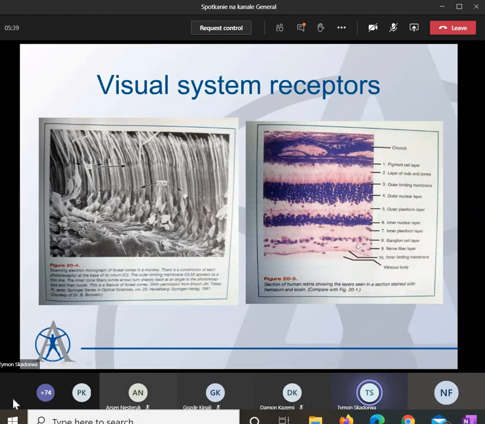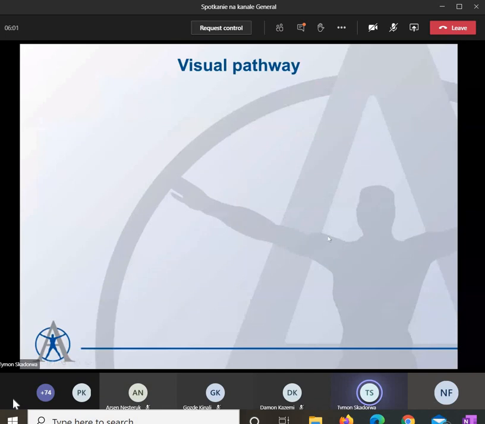We are not histologists, so we do not require from you the knowledge of all these layers of the retina in order, but please remember that the rods and cones are the most important here, but also some other layers like the ganglionic layer, for example, or the nerve fiber layer, and so on.